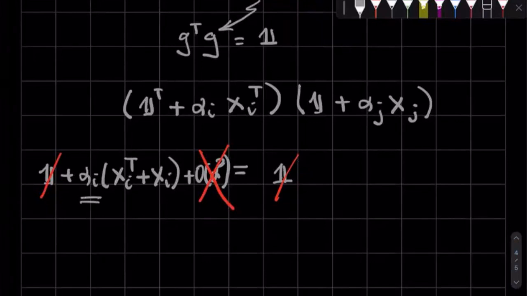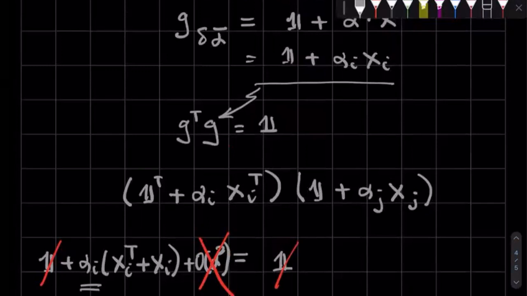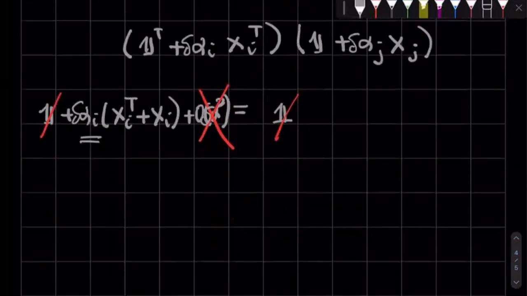They're small but arbitrary. So I should probably have written delta here, delta, delta, and delta. So this tells us that for the orthogonal group, the generators are antisymmetric.